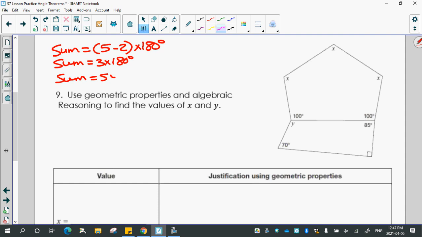Gives me 540 degrees. So somewhere you got to show how to get that the sum of the interior angles of that 5-sided shape is 540.